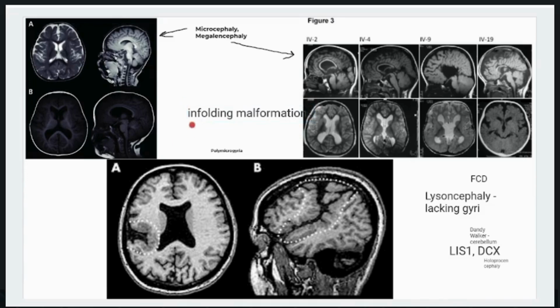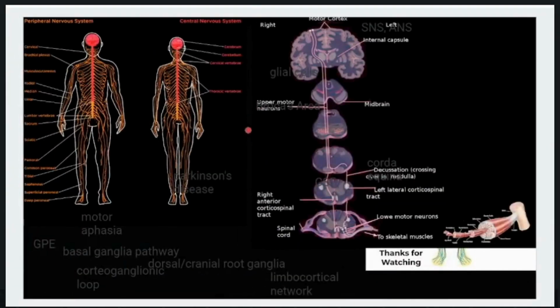These gyri are crucial for setting up the highways of information and arranging the cortex and its architecture in space for its functioning, and also providing the complexity of neuronal networks, and these infoldings really give the brain its complex structure for its function.